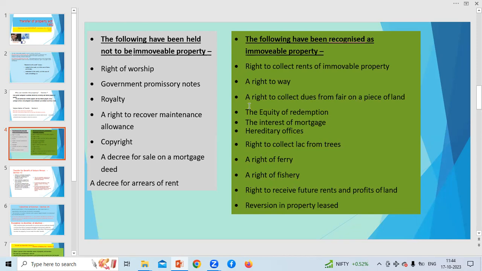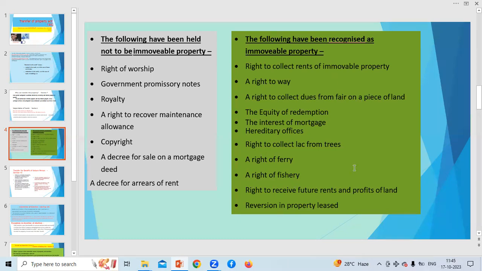This is a list of immovable property. Right to collect rent of immovable property, a right to way, a right to collect dues from a fair on a piece of land, the equity of redemption, the interest of a mortgagee, hereditary offices, right to collect fruit from trees, a right of ferry and right of fishery, right to receive future rents and profits of land, reversion in property lease.